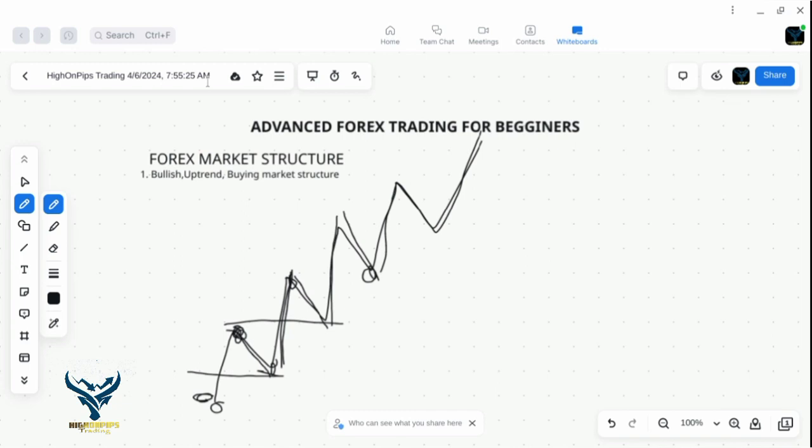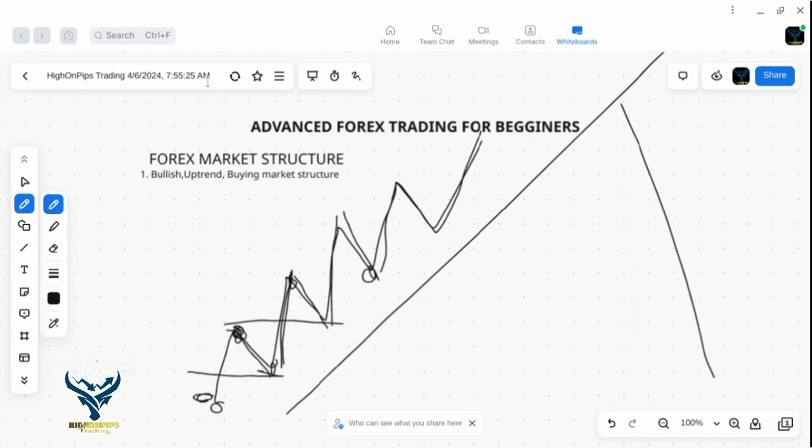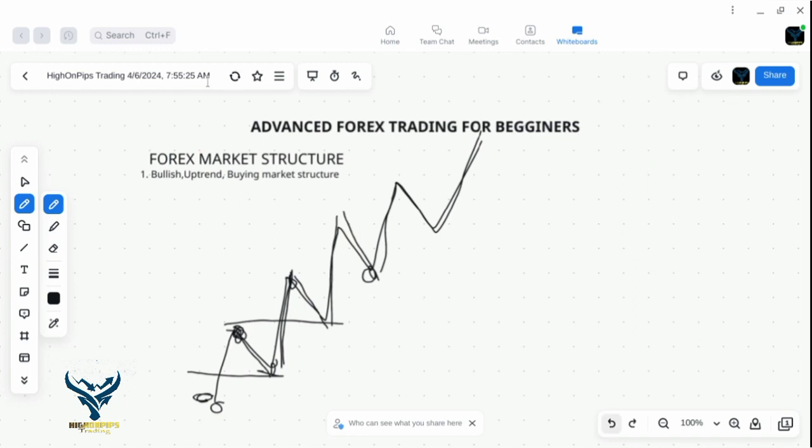There is no financial market that moves straight up like this or down like this. No. Why is that so? Because remember, the forex market is about trading the prices of the world financial market, and the economies are always fluctuating.